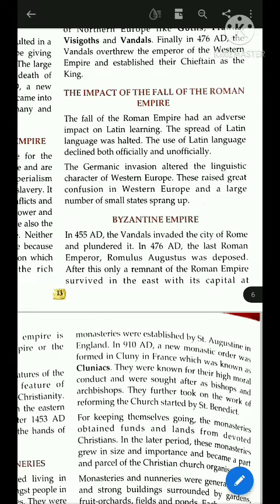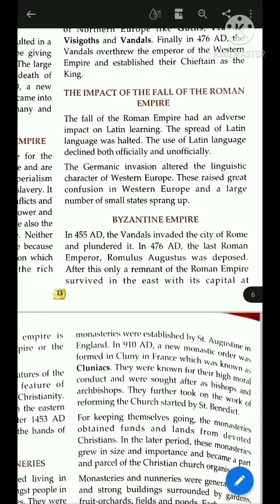In 476 AD, the last Roman emperor, Romulus Augustus, was deposed, which means his position was taken away.